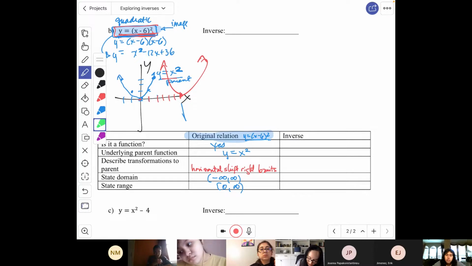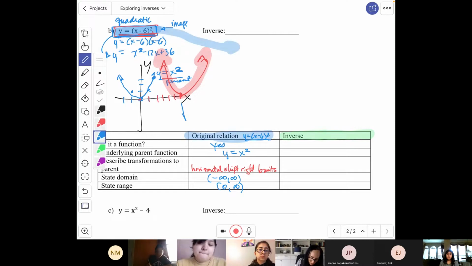Let's talk about its inverse. If I'm taking this and reflecting it across y equals x, what does the inverse look like? We know it's a reflection across y equals x, but let's talk a little more about it. Let's take the equation and find the inverse.